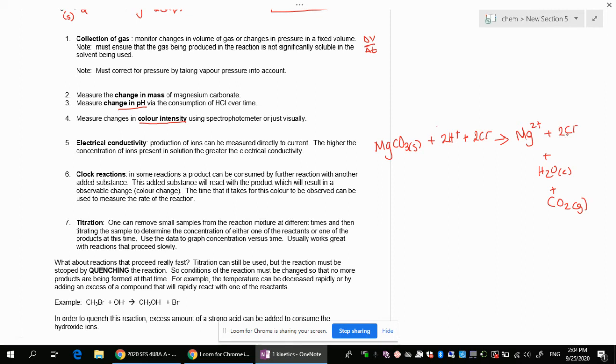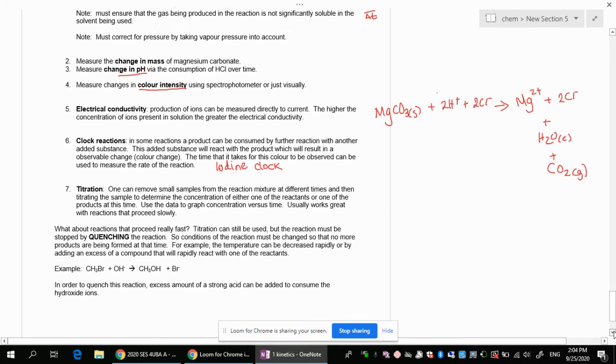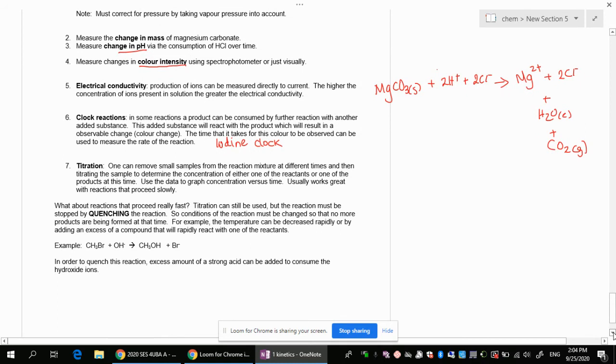We talked about clock reactions, where we're looking at color changes, and we will be conducting the iodine clock reaction in class to collect data with respect to clock reactions. You can also use titrations to calculate rates.